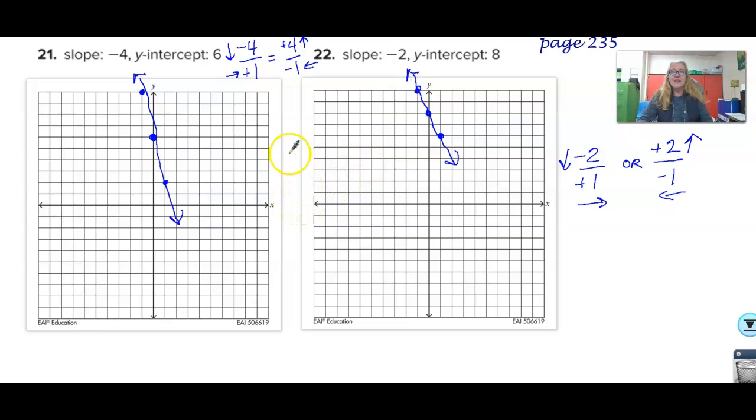We get our line. Now you'll see both of these had negative slopes. And like Slope Dude says, this is a nice negative. One way to always check yourself is to remember Slope Dude. If he said it was a nice negative, it better be going downhill from left to right. If he said it was a puff puff positive, it better be going uphill from left to right.